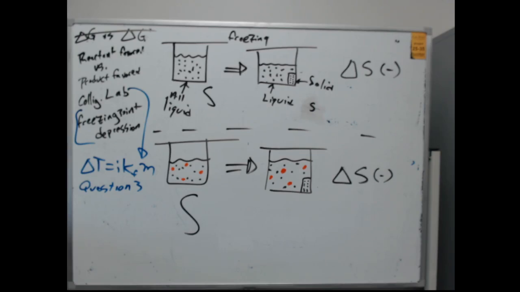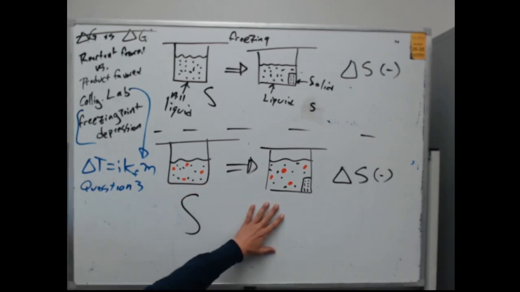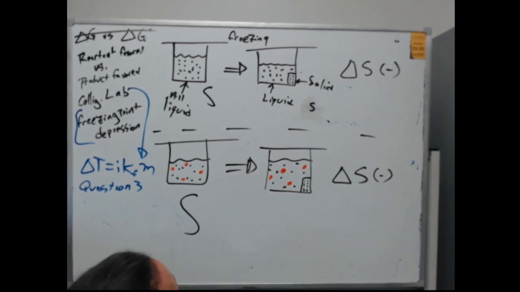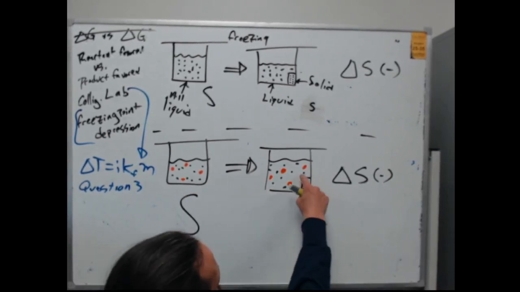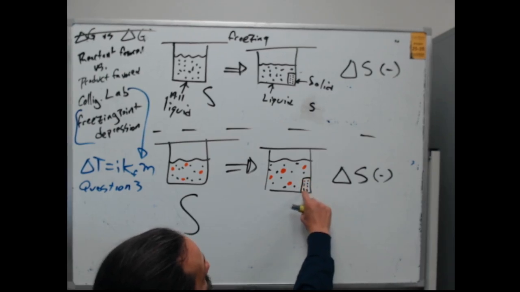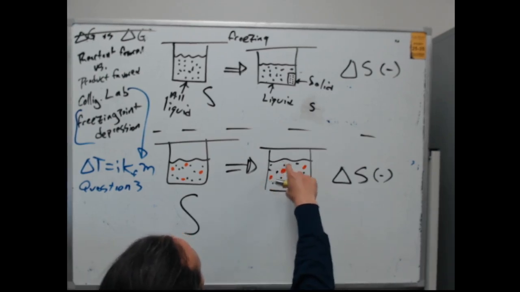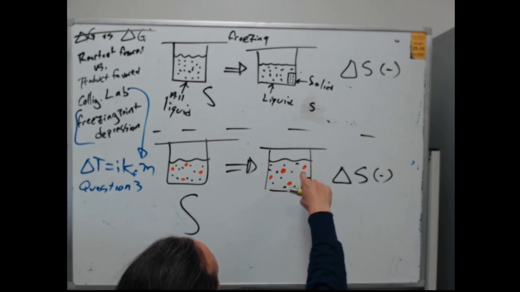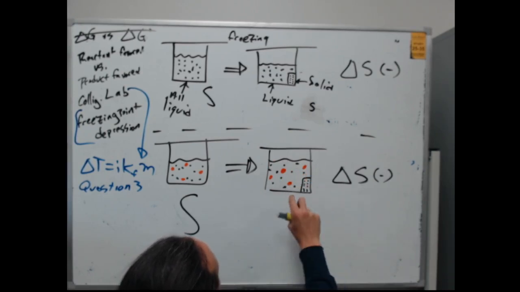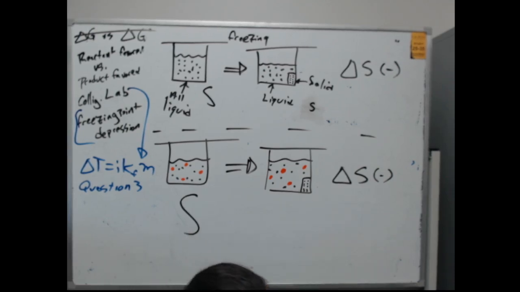Let me think about this. This is where I usually do it for boiling, so hang on a second. I got to make sure I get this right. So this S should be smaller, because I've got this frozen bit that's going to be the same, but this has more microstates to it. What's the orange again? The oranges are our extra solute that we've thrown in, something that's non-volatile, non-reactive.